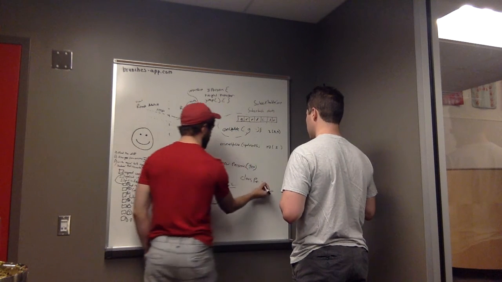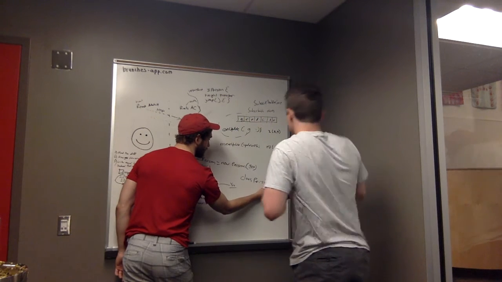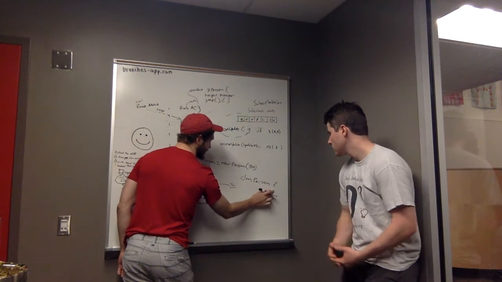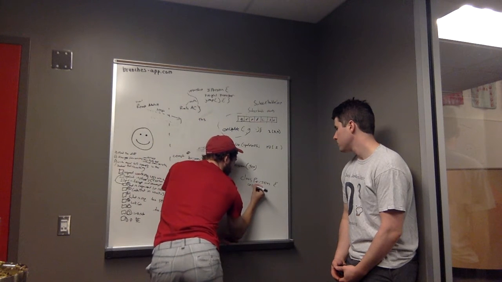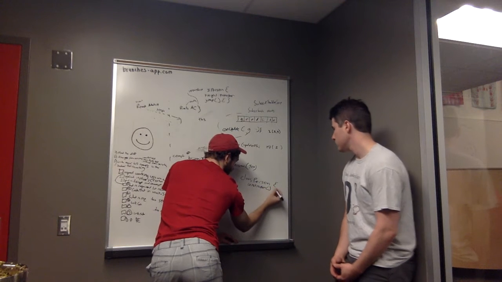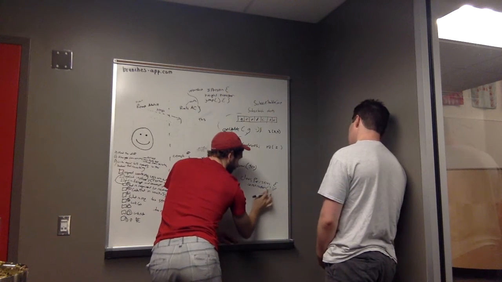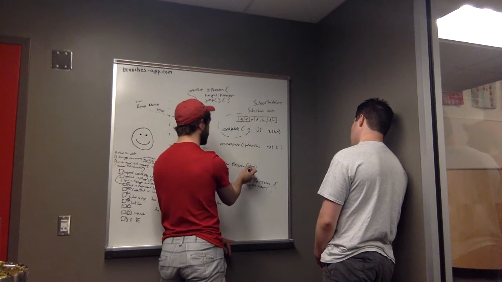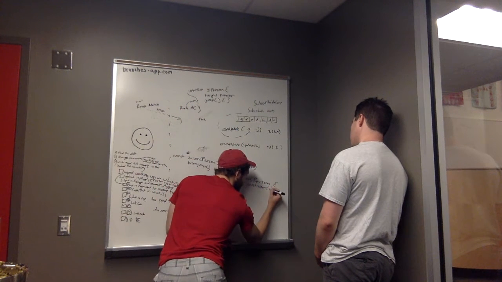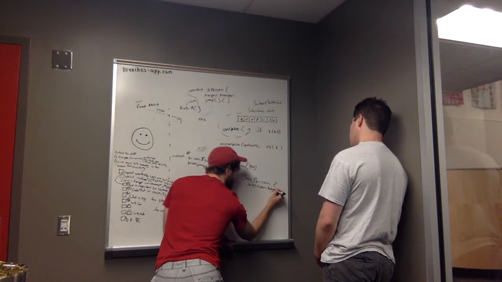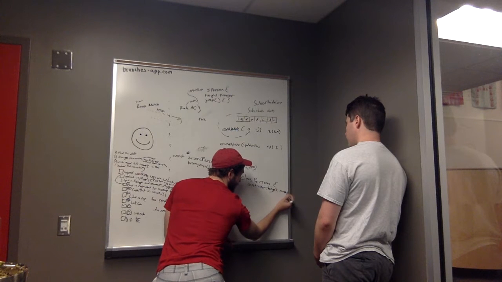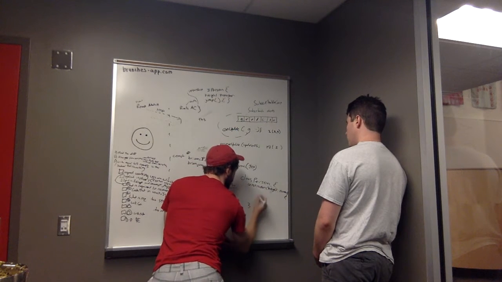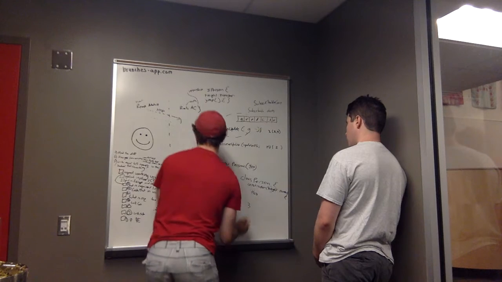In TypeScript, we can type class Person, and then write out constructor, which creates a constructor function. This function has one argument, height, of type number. If someone were passing a string here, it would throw an error.